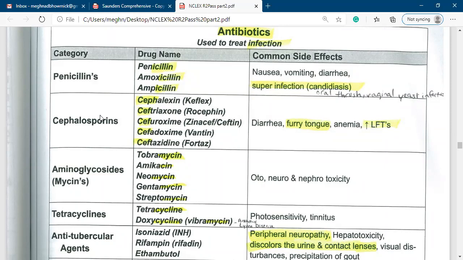Okay. As I told you, the indications of penicillin are gonorrhea, which is a sexually transmitted disease, or pneumonia, or UTI, meaning urinary tract infection. If your patient has gonorrhea or pneumonia or UTI, you give them penicillin, right?